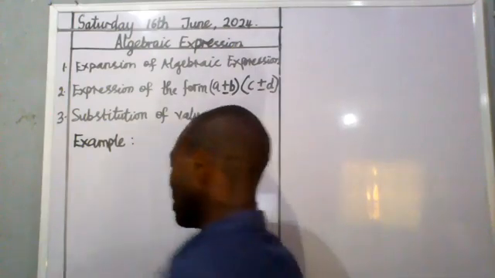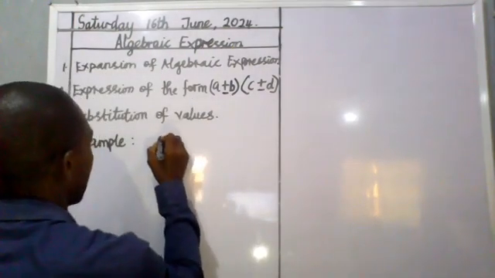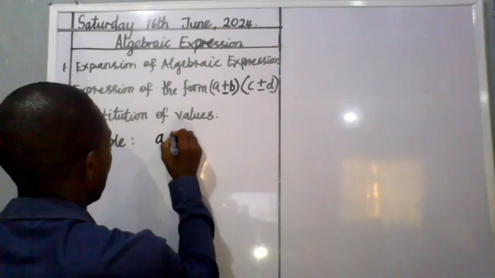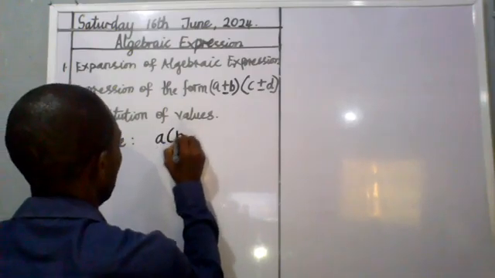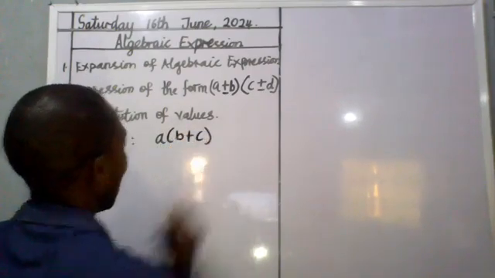Let's assume I have A into bracket B plus C. How do I do this?